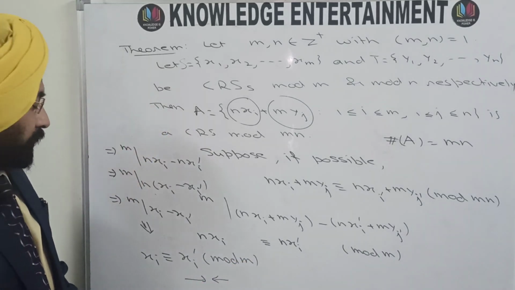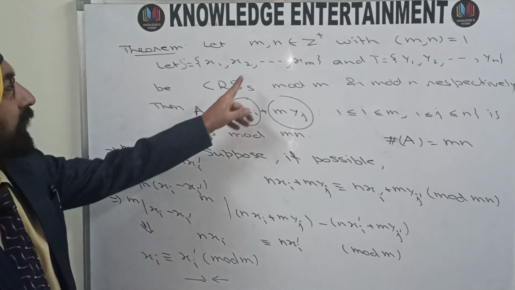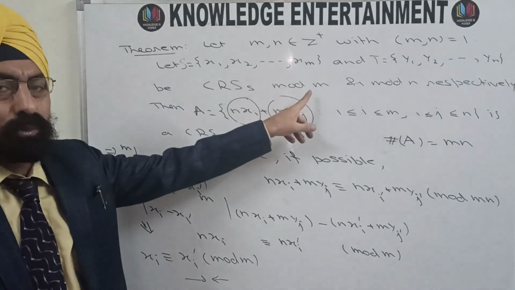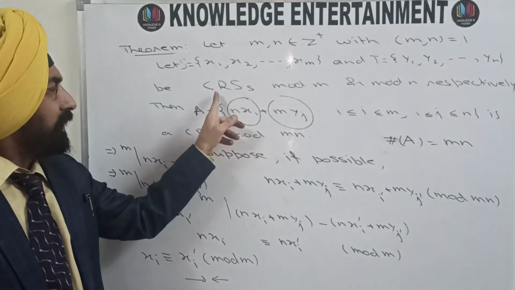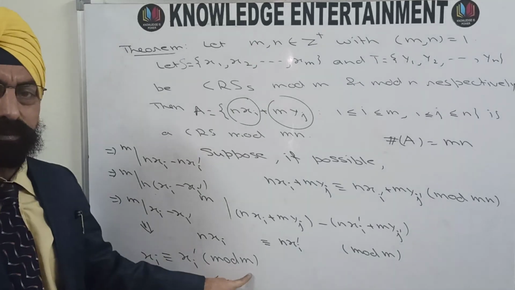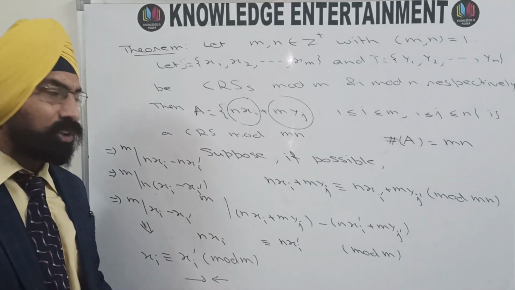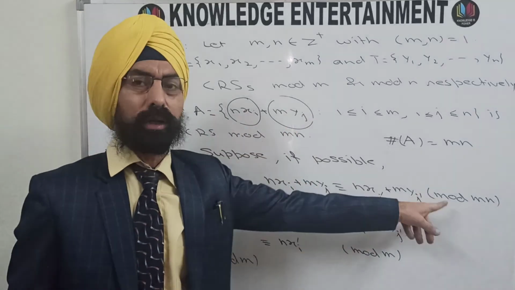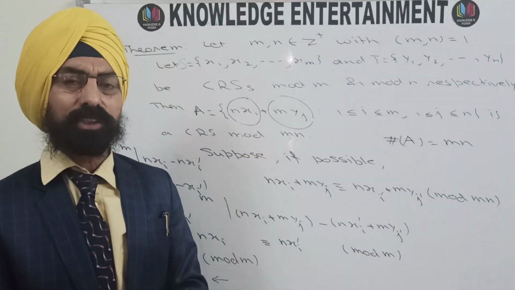Why? Because xi and xi dash are members of the set S, which is a complete residue system modulo m. In a complete residue system modulo m, you cannot have two elements which are congruent to each other modulo m. So it is a contradiction. And why this contradiction? Because we have supposed that two members of the set A are congruent to each other modulo mn. So it is not possible.